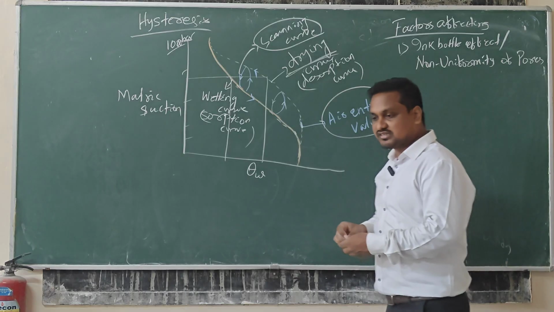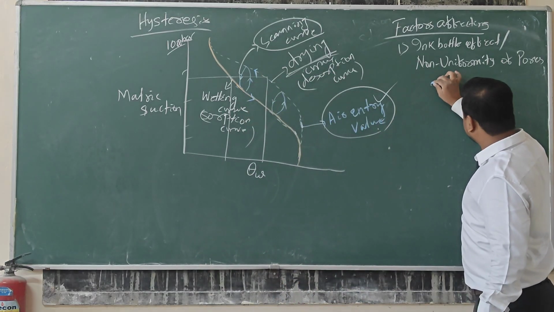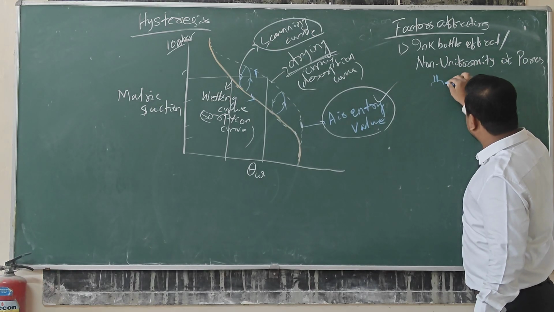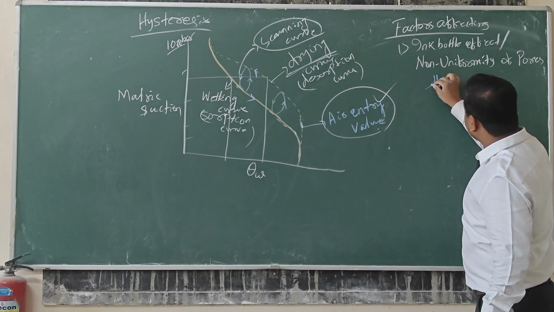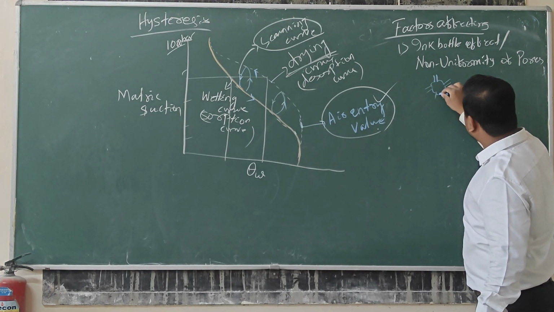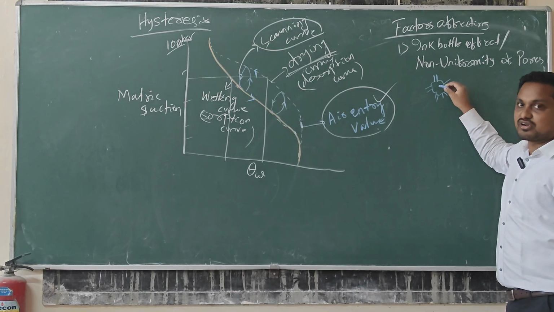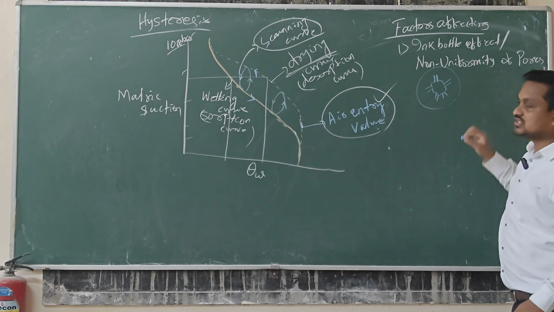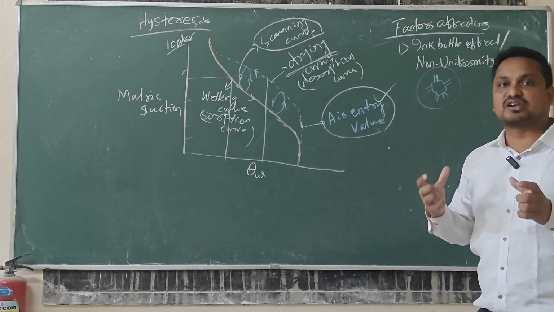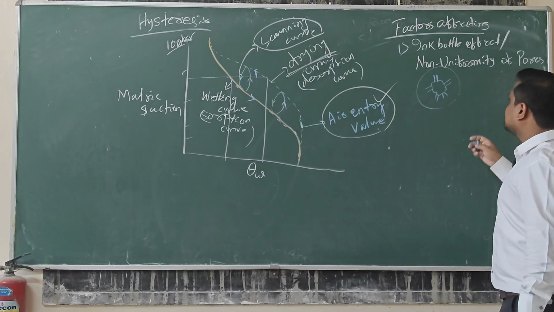Again, we will draw some pictures to understand this concept. Already I have told you, if this is your pore geometry, there will be a macro pore, and there are small micro pores. You can see this whole structure looks like an ink bottle. We are not using ink bottles nowadays, but earlier they were used.